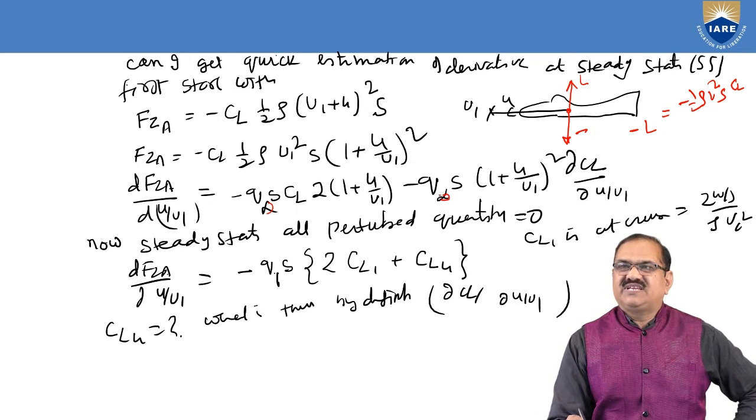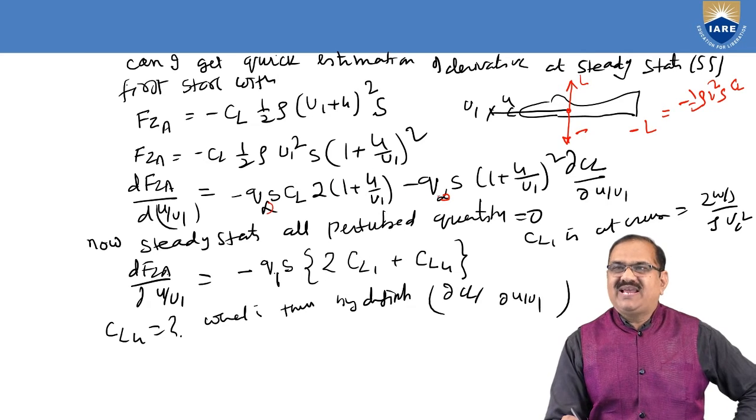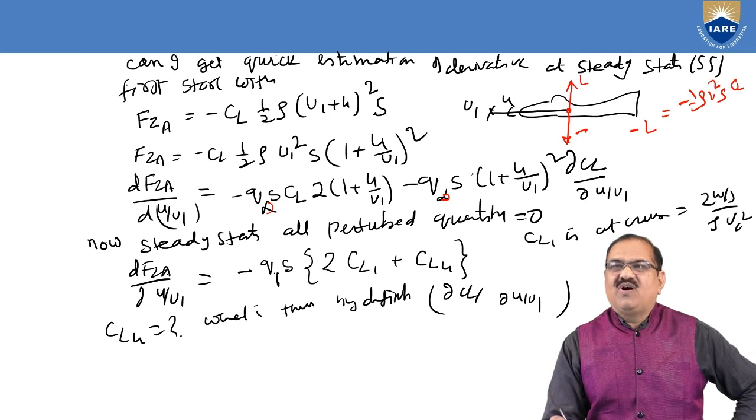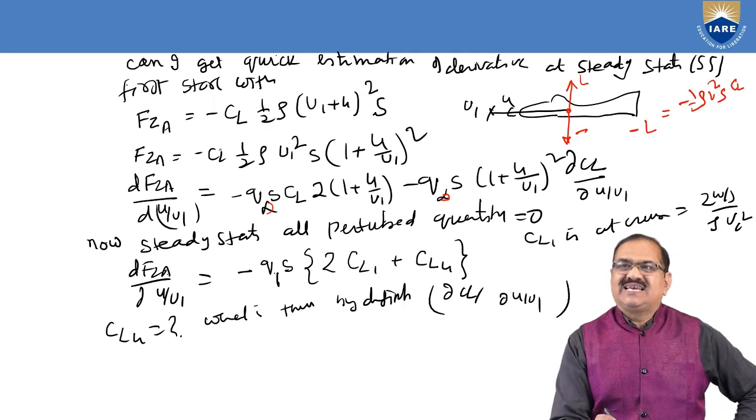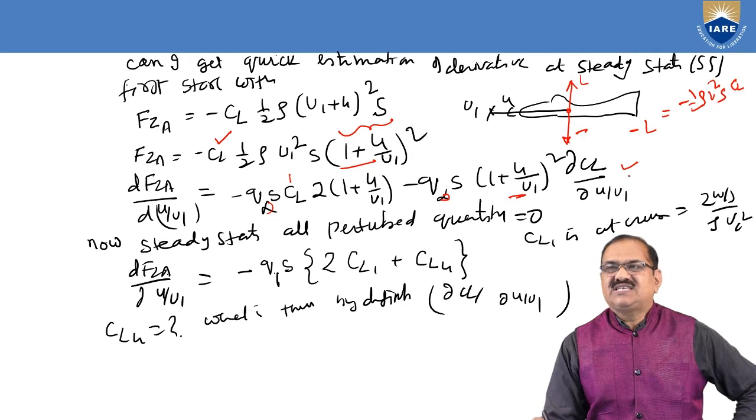So half rho U1 square is Q infinity. S CL 2 1 plus U by U1 minus Q infinity S 1 plus U by U1 into dou CL by dou U by U1. So here this CL and this other parameter are variables. So here this is constant, this is varying, and here this is constant and this is varying.